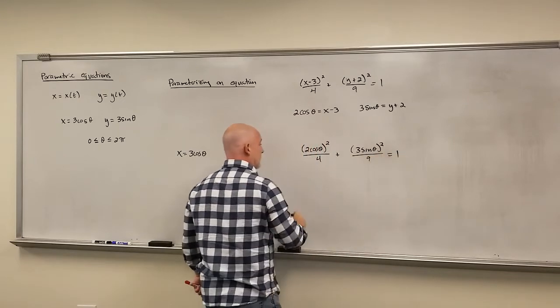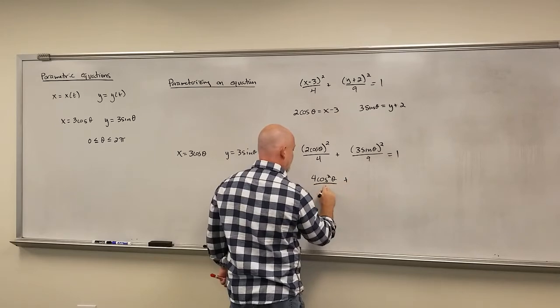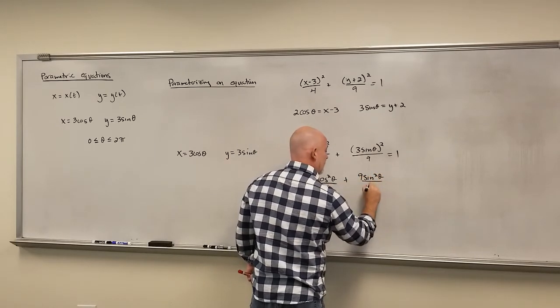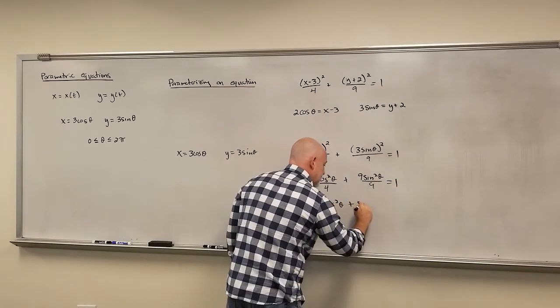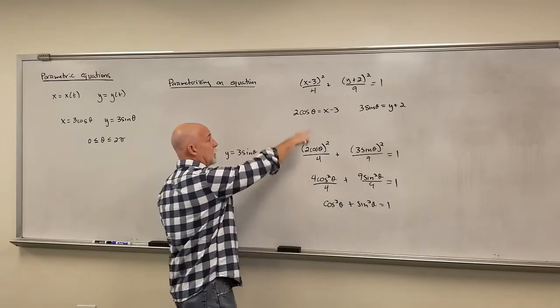Does that equal 1? Well, that's 4 cosine squared theta over 4, plus 9 sine squared theta over 9. So that's cosine squared theta plus sine squared theta is equal to 1. So that substitution should work.